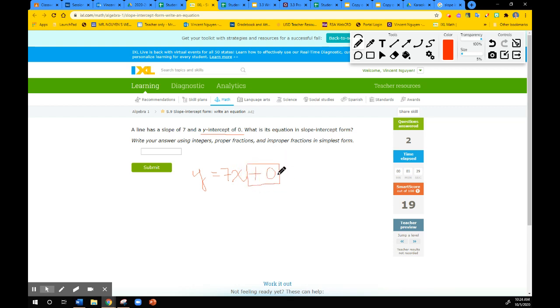If I write plus 0, I'm just wasting my time and ink. So I could just write my equation as y = 7x, right? So I'm going to type in y = 7x. And even if you did put plus 0, I don't think it's going to count it wrong. It is correct. It's just not necessary. Okay, submit.